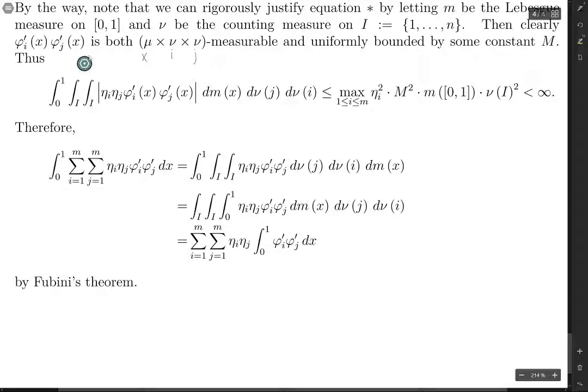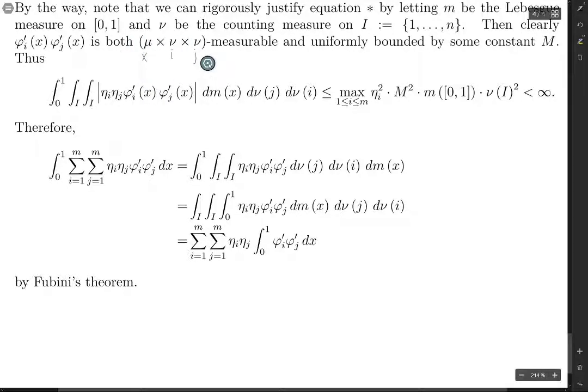So we're thinking of this as a function in 3 variables, and so therefore it is a function where you are going from the direct product of 3 measure spaces into the real numbers. And so it needs to be measurable, i.e. the inverse image of any measurable set on the real line needs to be measurable in this product space.